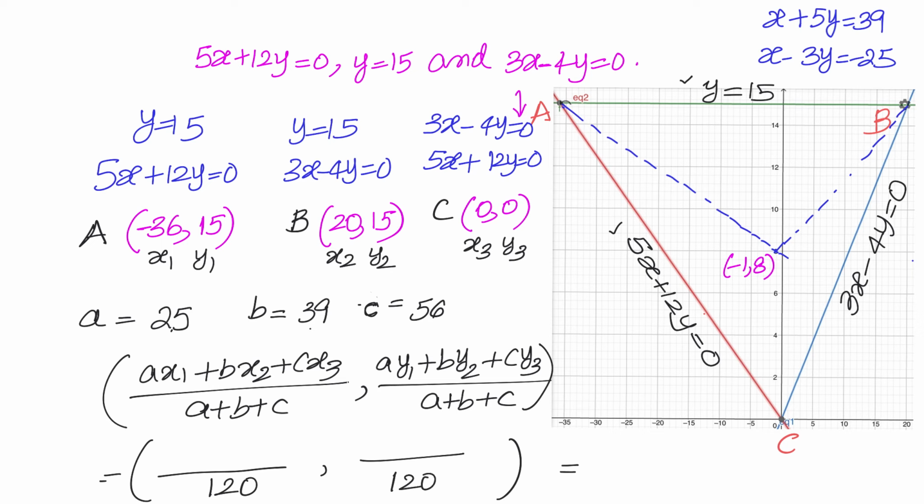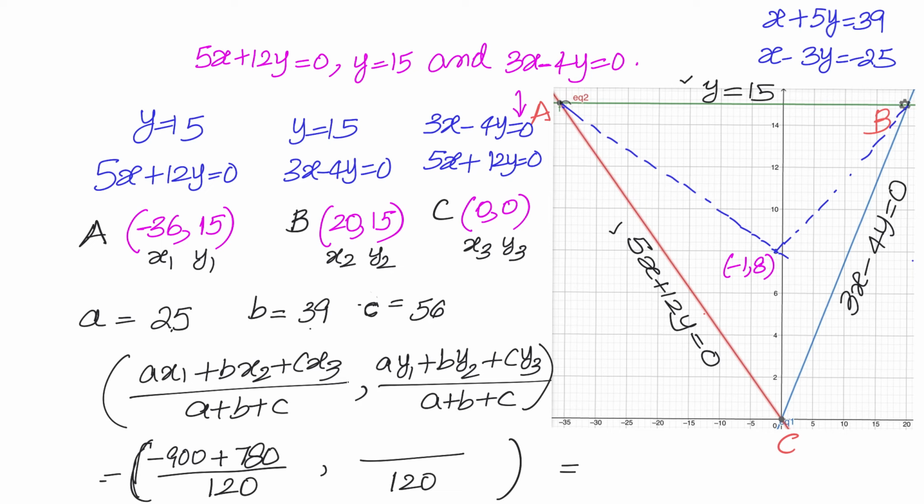A into x1. That is 25 into minus 36, which is minus 900. Plus b into x2, 39 into 20, that is 780. We know x3 is 0, so we can leave it there.